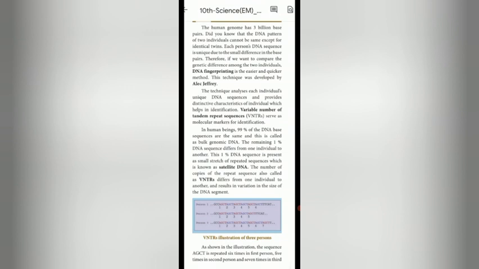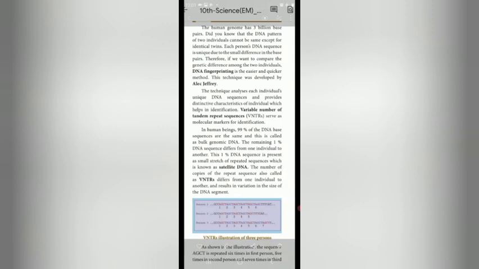This was developed by Alec Jeffreys. Each DNA shows variation, and the characteristic feature of an individual organism is identified by this method, called the DNA technique.